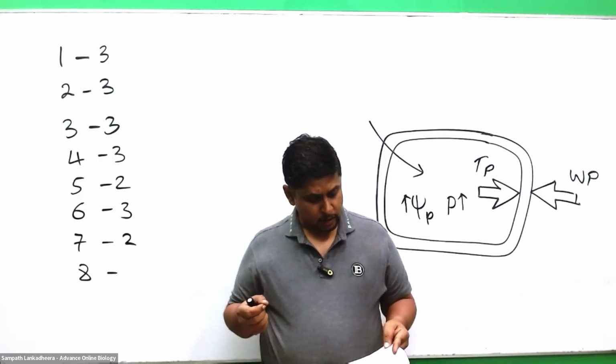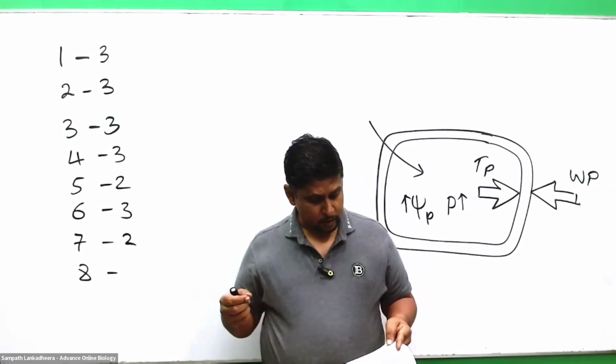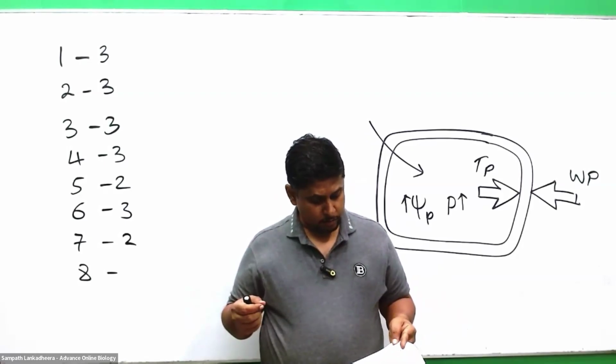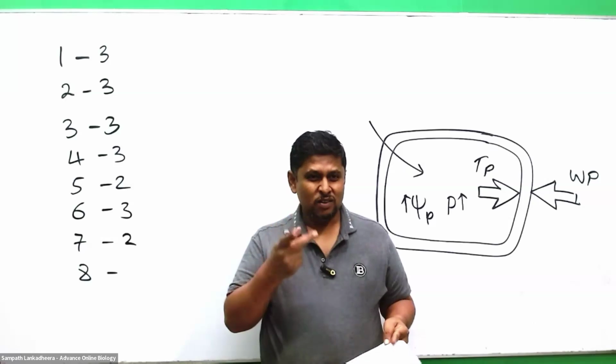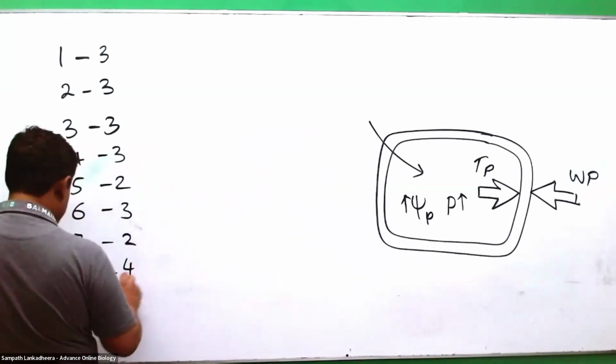No. Determines the direction of water movement between cells, that's correct. And then defined as 1 megapascal for pure water without applying any pressure. No, wrong. So we have the answer, people. Fourth one is the answer.